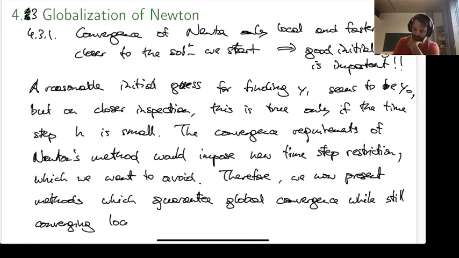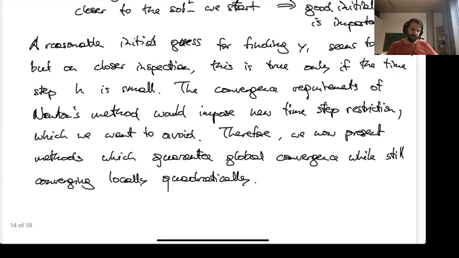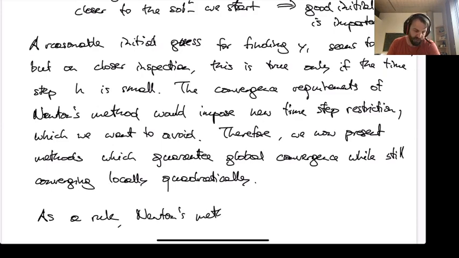And the local convergence should be quadratic. So p equals 2. And as a rule, and this is really now an important rule for any of your future mathematical endeavors and for anywhere where you're confronted with nonlinear equations, you should never use Newton's method without such a globalization strategy.